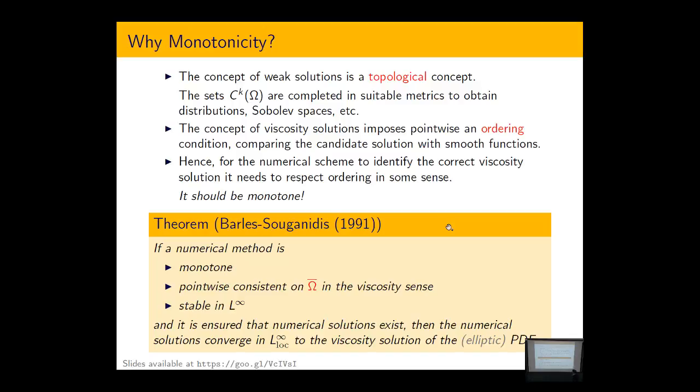Okay, so now the problem for us was that actually Barles-Souganidis says, and I should highlight this here already, you want to be pointwise consistent on the closure of omega in the viscosity sense. So what Barles and Souganidis are saying is, in the original form, we insist on imposing the boundary conditions in the viscosity sense. So we insist on being allowed to switch on the PDE on the boundary.